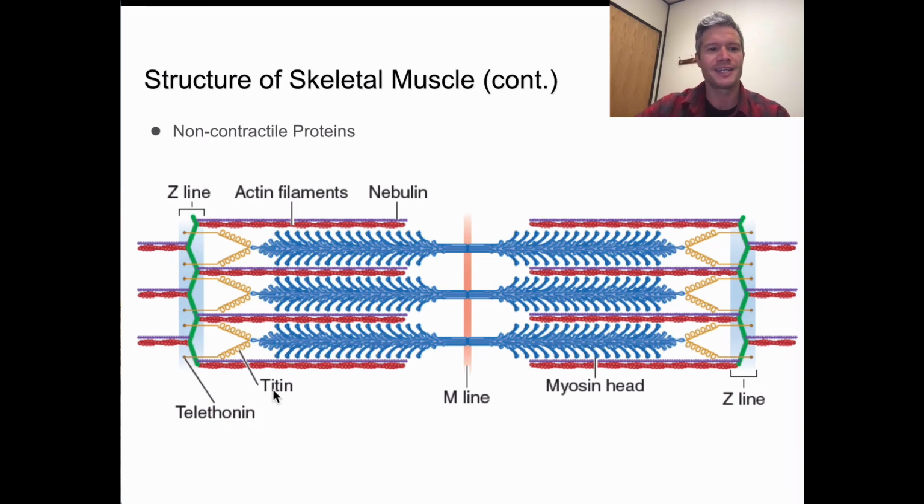So again, we find titin here, and its main goal is to add some structure and stability by anchoring myosin, okay? So it connects the Z line here, or Z disc, to the M line, essentially, by reaching out to myosin along the longitudinal axis of the sarcomere.